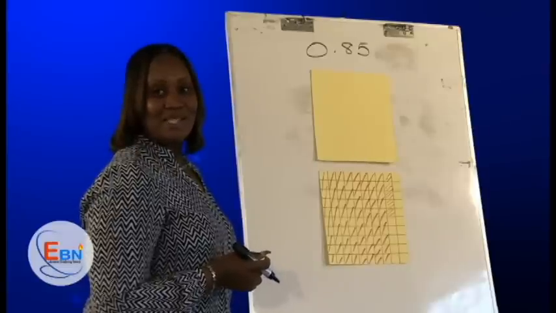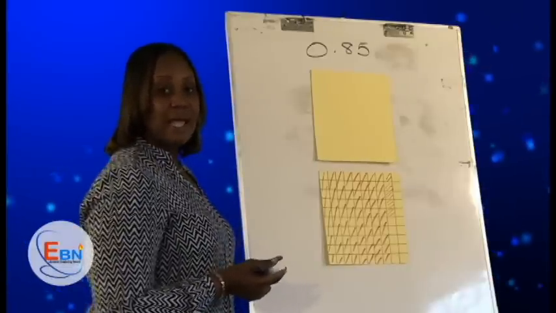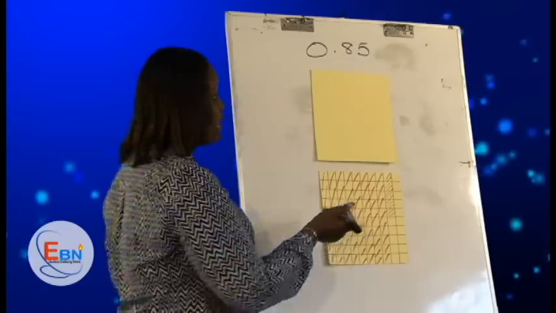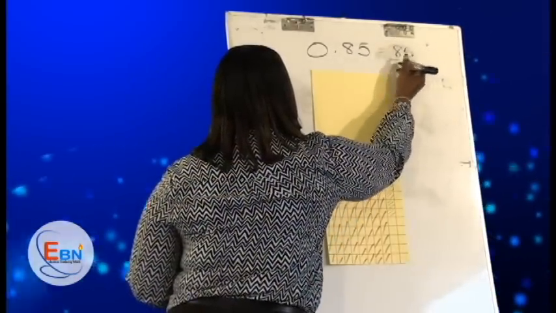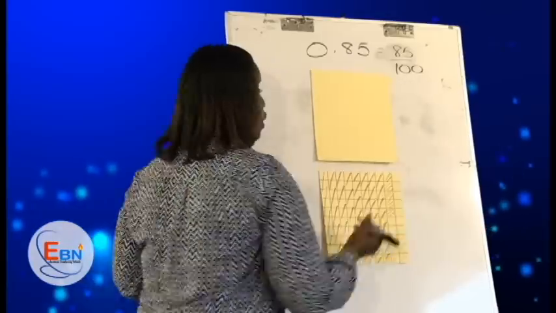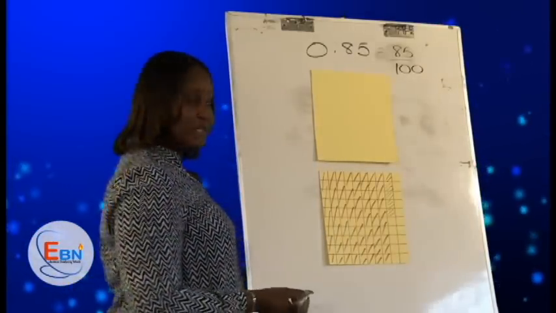What this means is 0.85 can be written as 85/100th, which is the same thing as 85%.